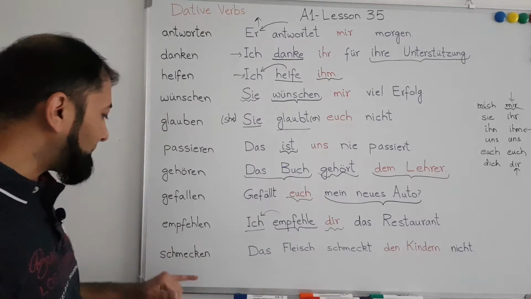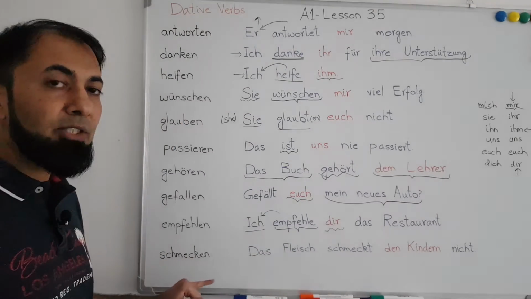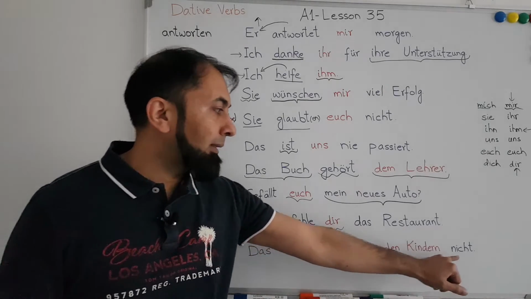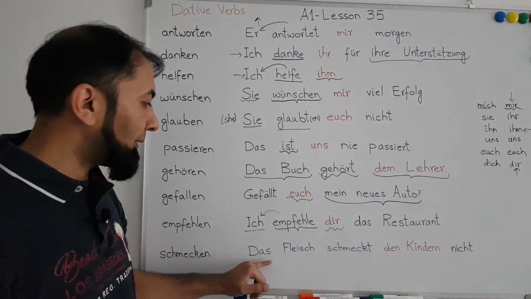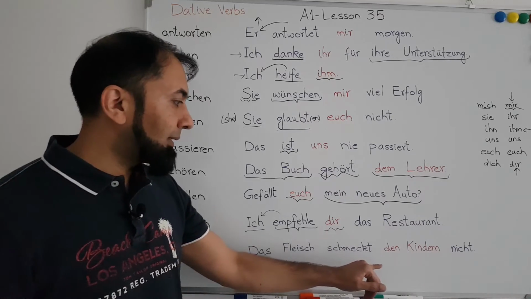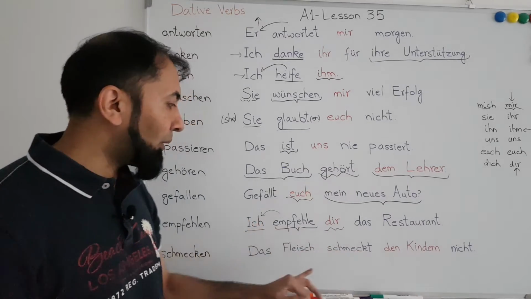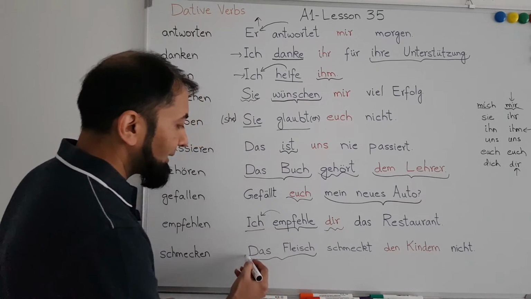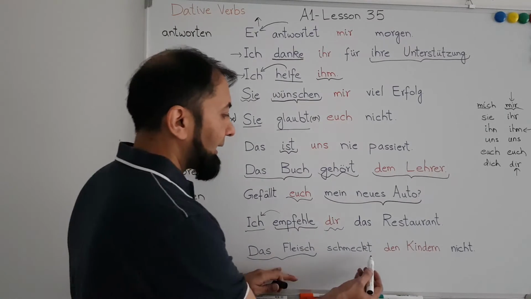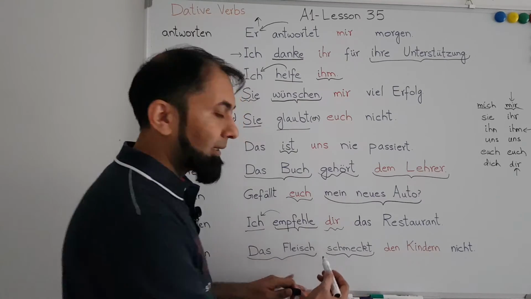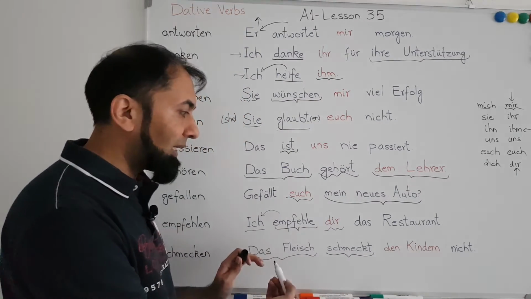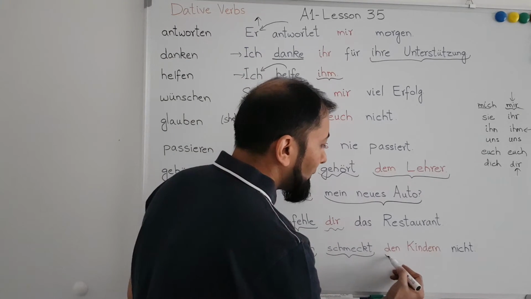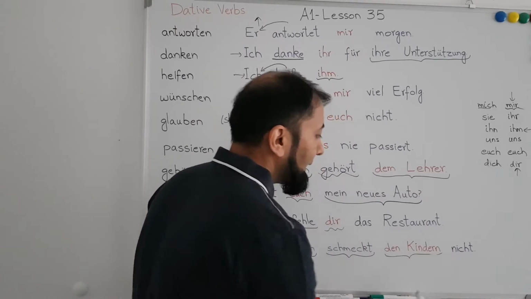Now the last example is the verb schmecken. Schmecken means to taste. Das Fleisch schmeckt den Kindern nicht. The meat doesn't taste good to the kids. Now in this sentence again, das Fleisch is the subject of the sentence, at the first position. At the second position we have conjugated the verb schmecken with respect to das Fleisch and it becomes schmeckt. Now the object in this sentence is den Kindern.